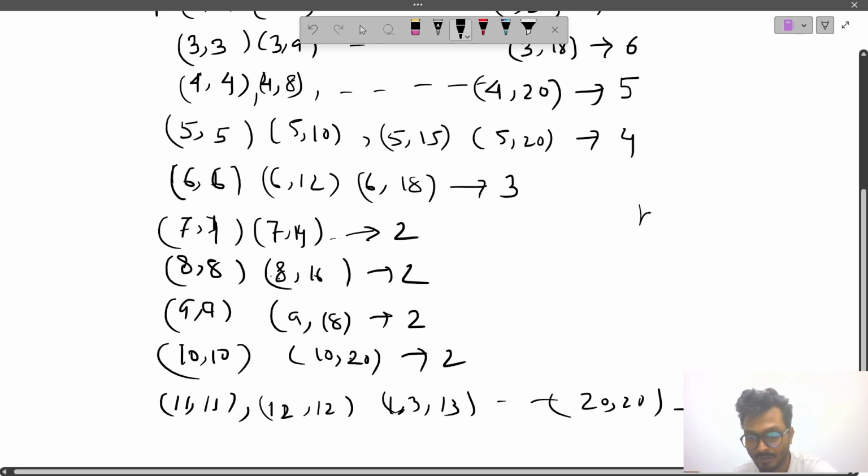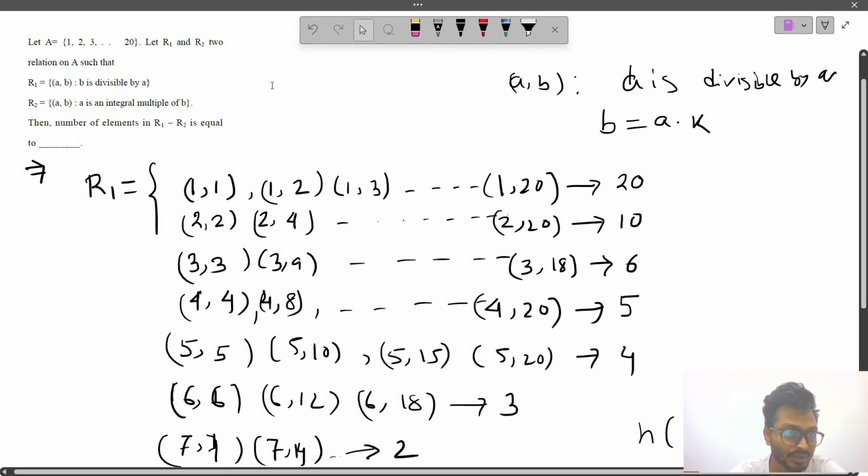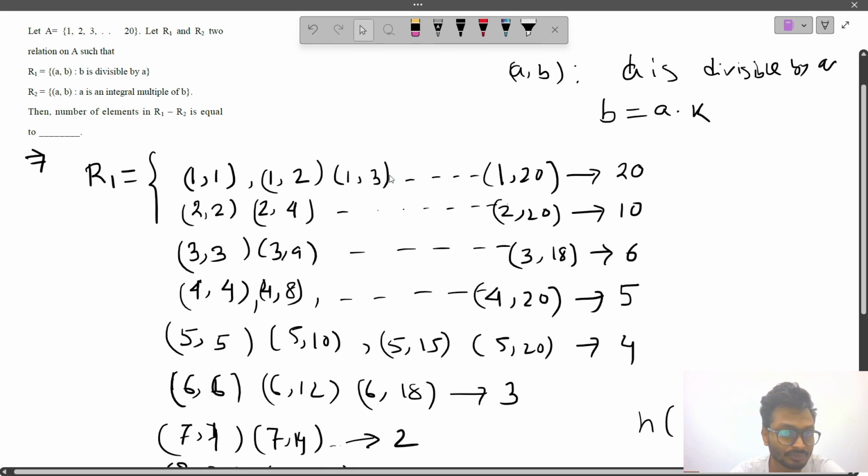So what will be the number of elements in R1?